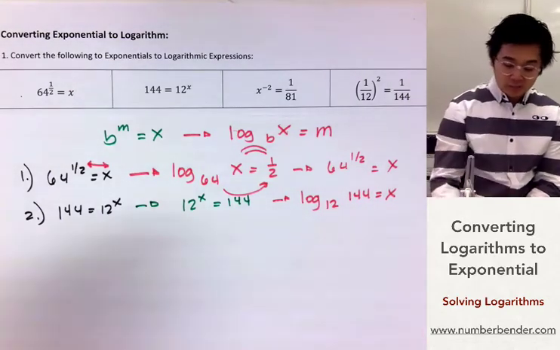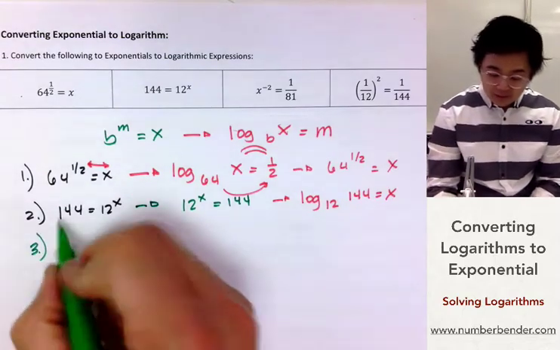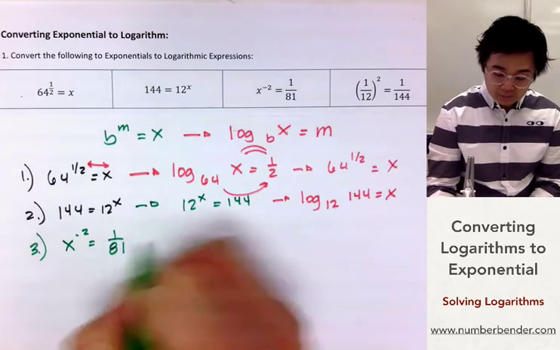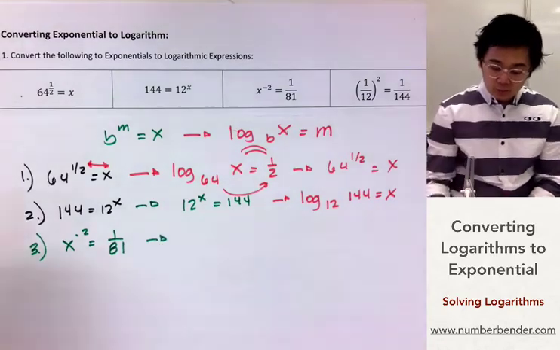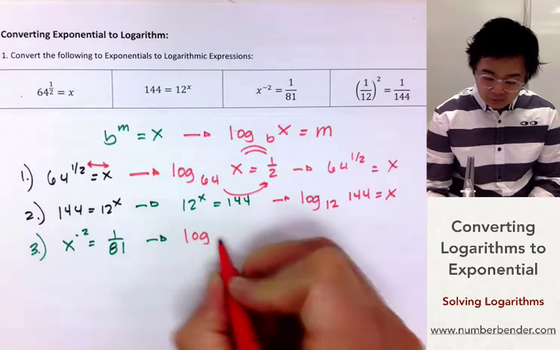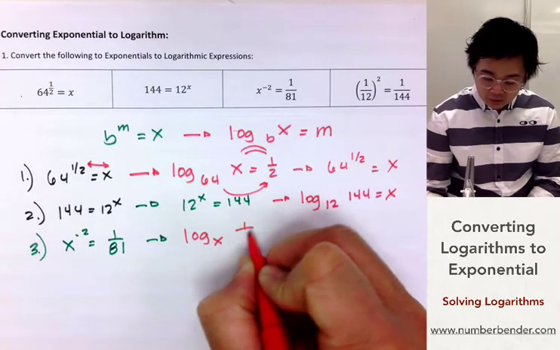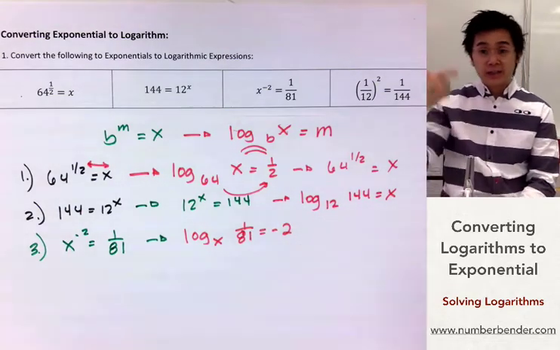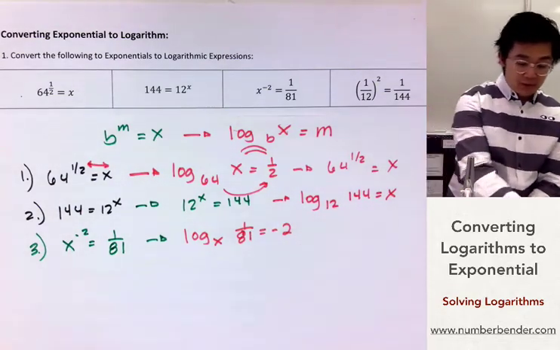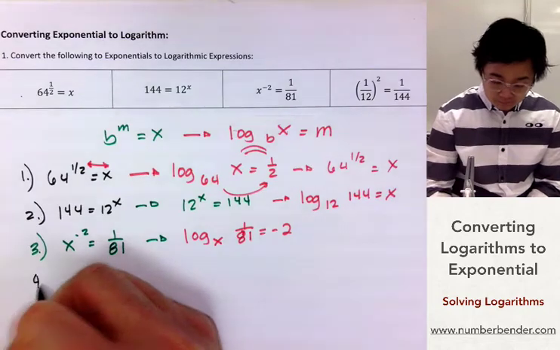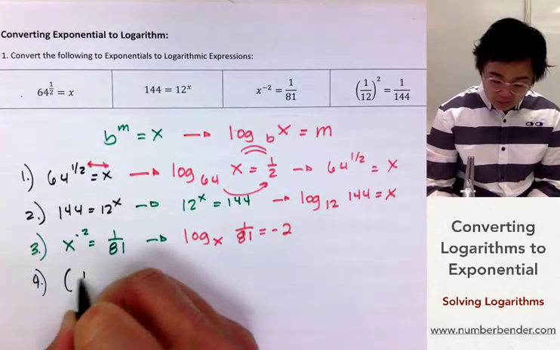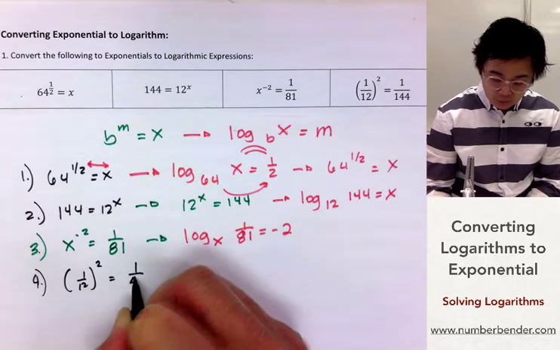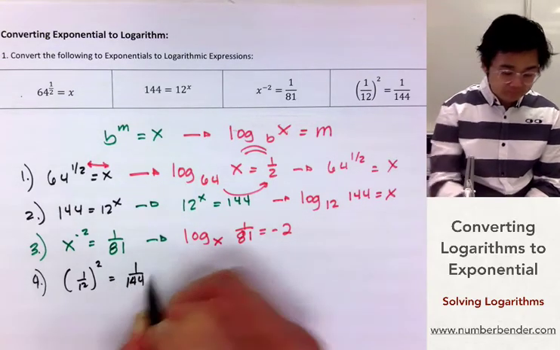For the third problem, I have x raised to negative 2 equal to 1 over 81. Converting it will be log of small and switch. That's how I play it in my head. And for the last one, I have 1 over 12 raised to 2 equal to 1 over 144.